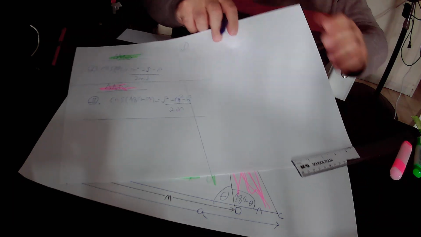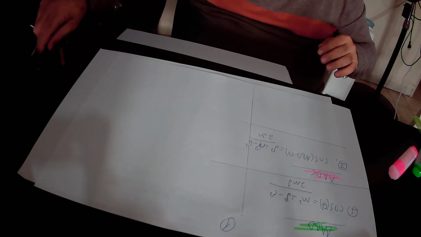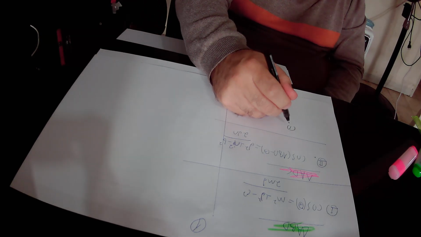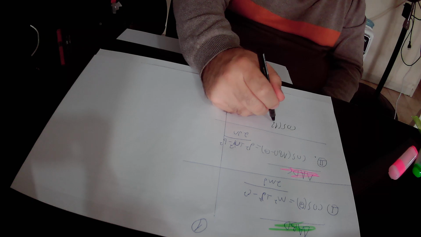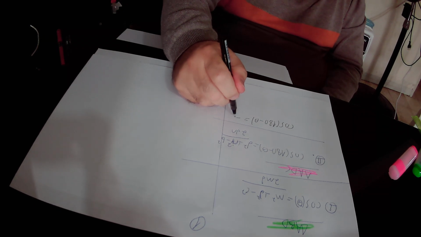According to the trigonometric identity, cosine of 180 degrees minus theta equals minus cosine theta.